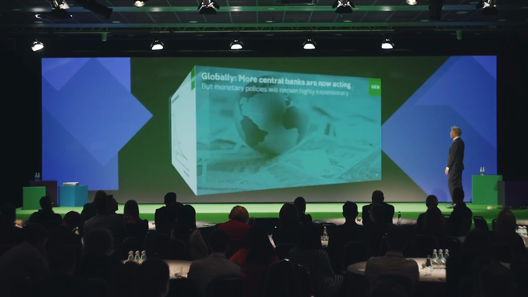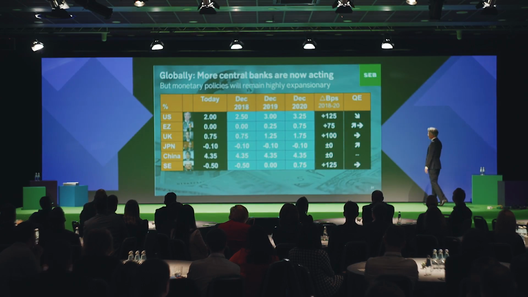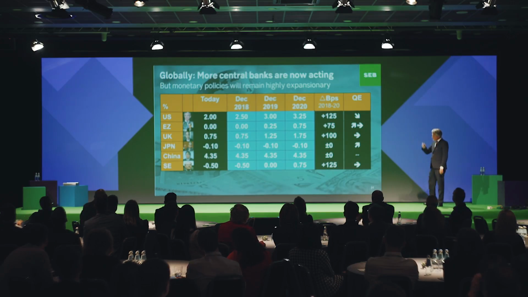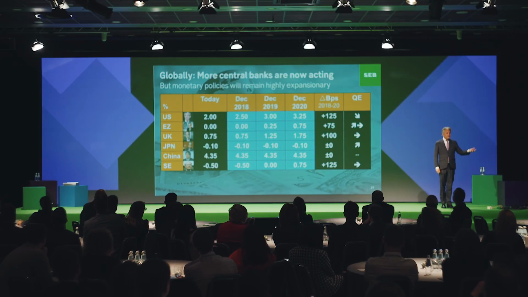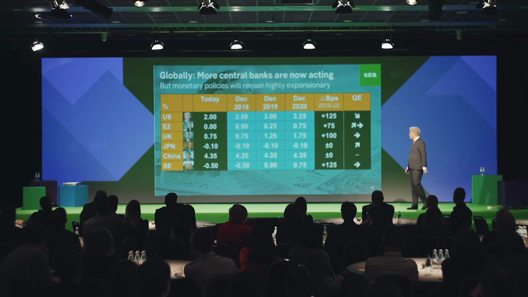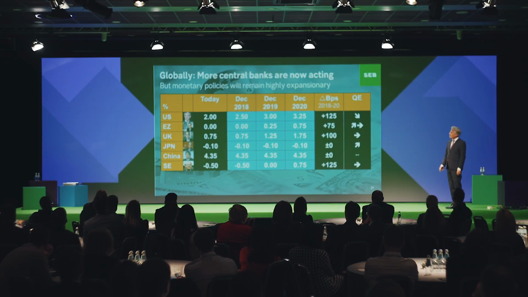And you can see our forecasts for what central banks are going to do over the next few years in this table. And we are seeing rate hikes, yes, but from an extremely low level and at very low paces. So in Europe, even in December of 2020, we don't expect interest rates to have been hiked above 1%.